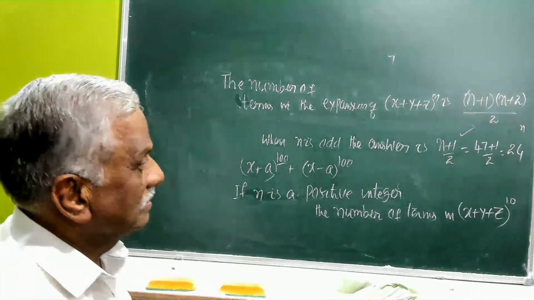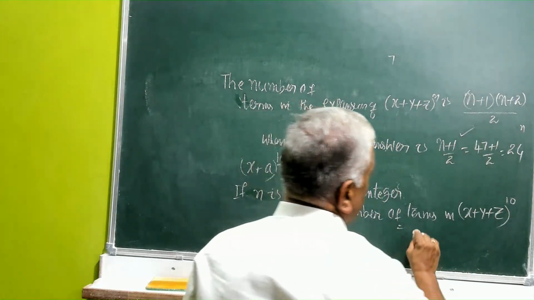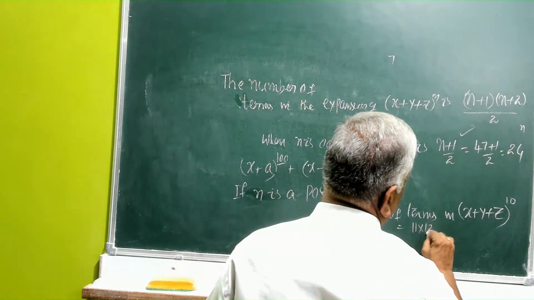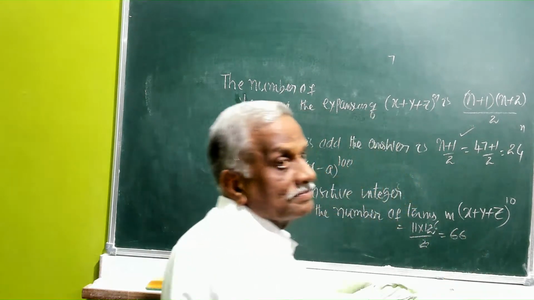So remember that. Here n is 10. Therefore, it is 11 into 12 divided by 2. The answer is 66.